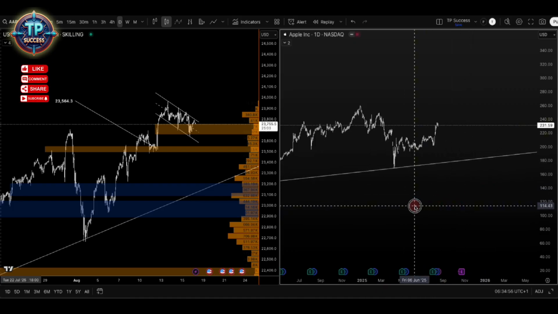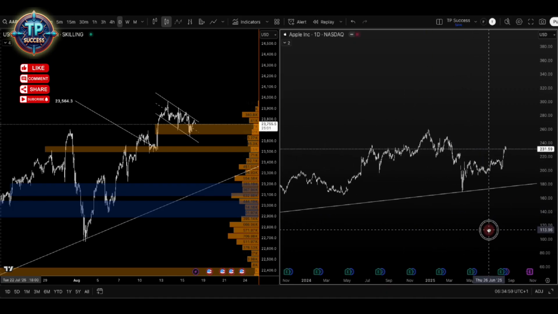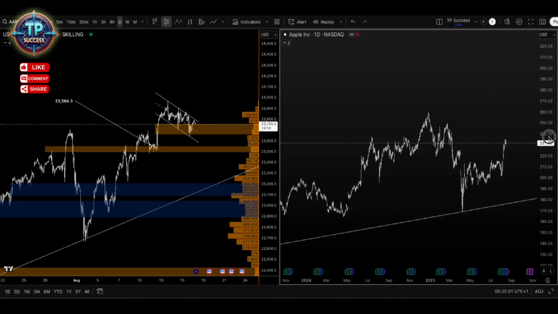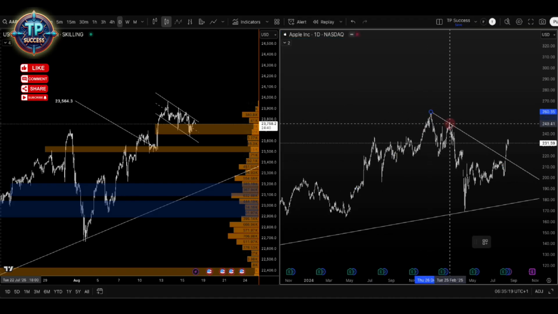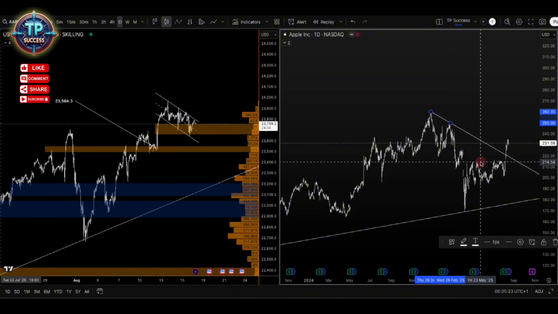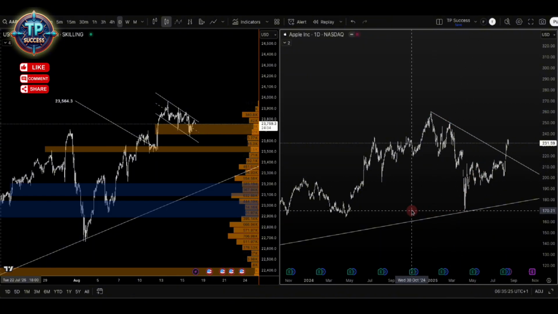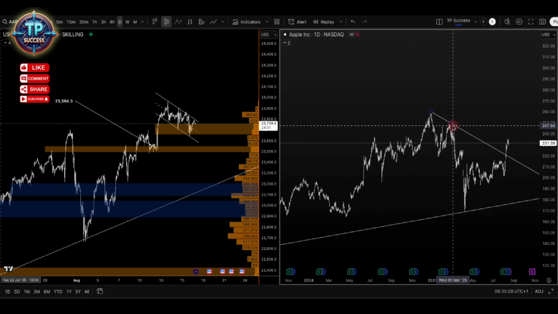Let's see if there's anything that market could actually tell us that could be of really good value. Let's have a quick look. So right now we're looking at Apple, and we are looking at what Apple is doing right now.